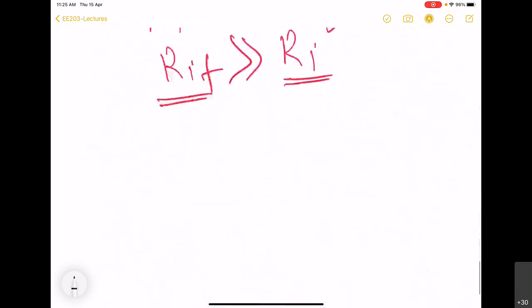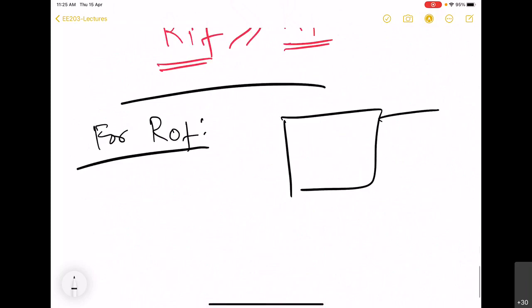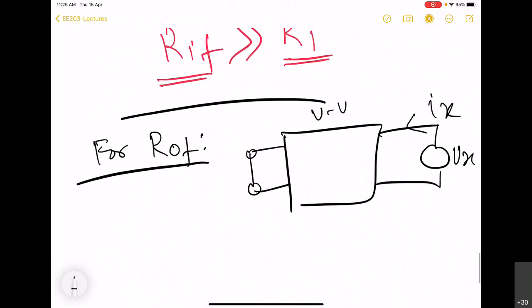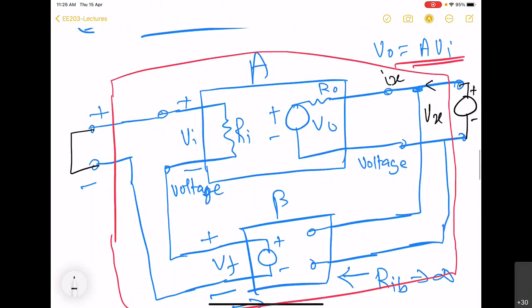So for ROF, this is the circuit we have to set up. Again, this is for the voltage amplifier. So we set up this circuit here. We have already done this, and then we try to find out what is Vx and Ix, or actually their ratio.